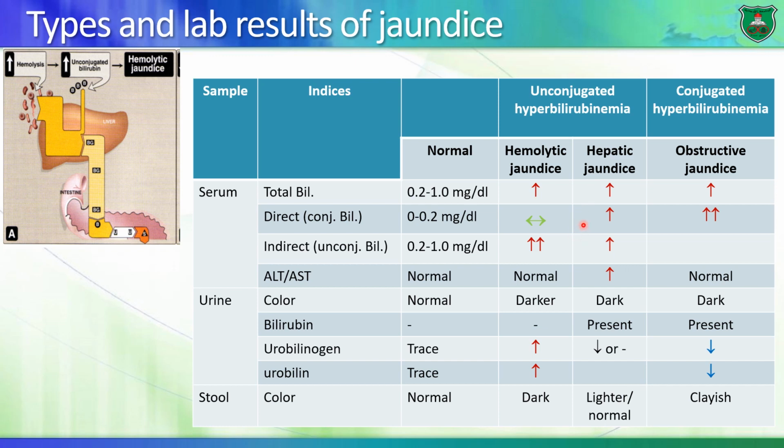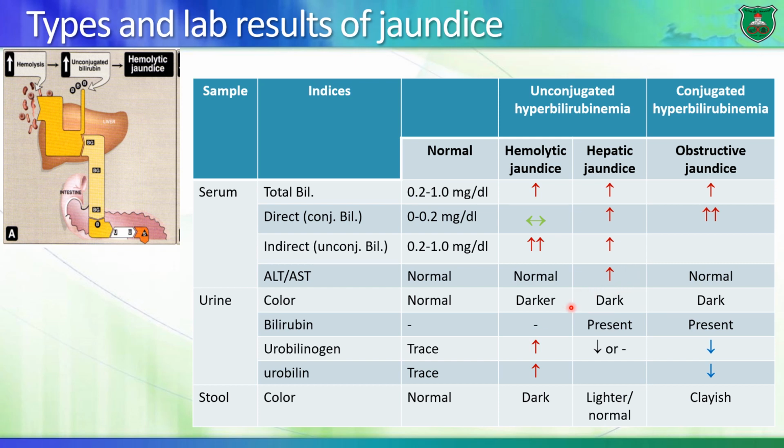There would also be higher levels of both conjugated and unconjugated bilirubin because again you have cell damage and release of both of these forms of bilirubin into the blood. Since we're talking about hepatic jaundice and we have a problem in the liver, there would be increased liver enzymes in the blood as well.